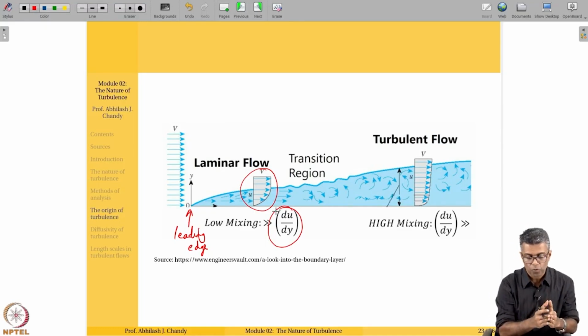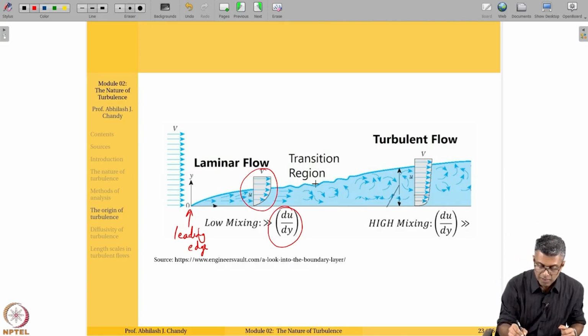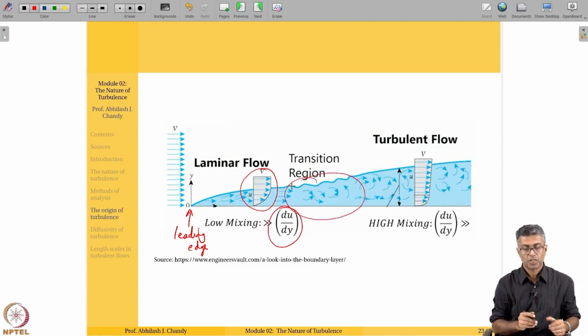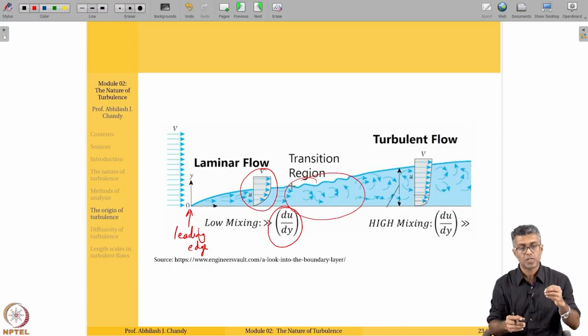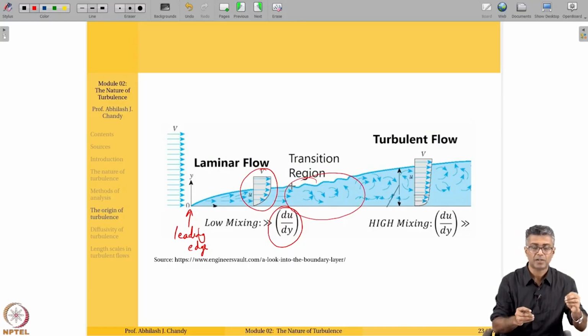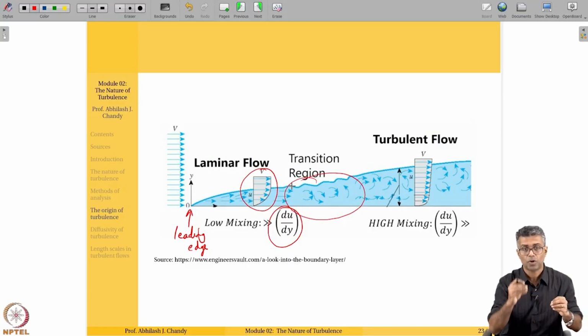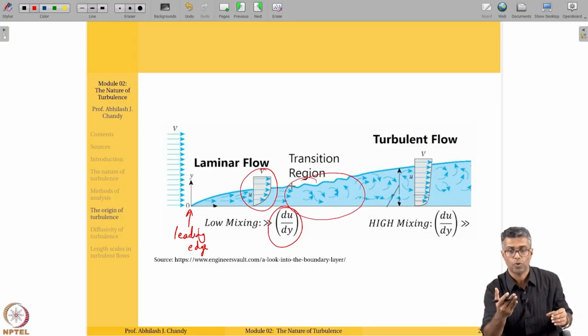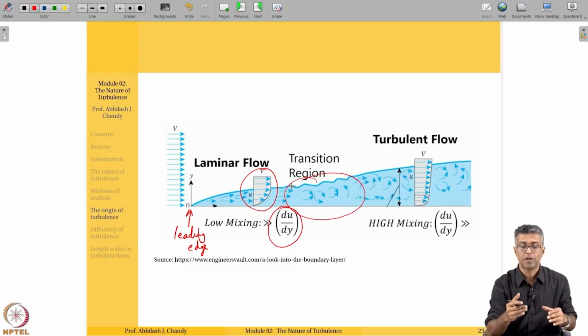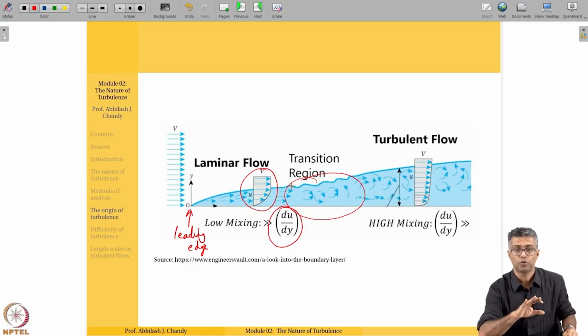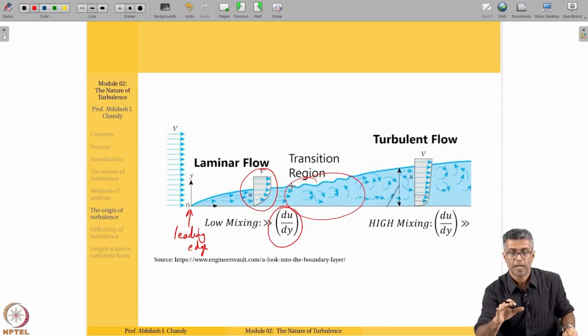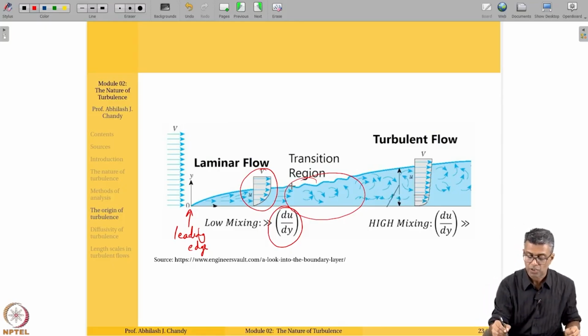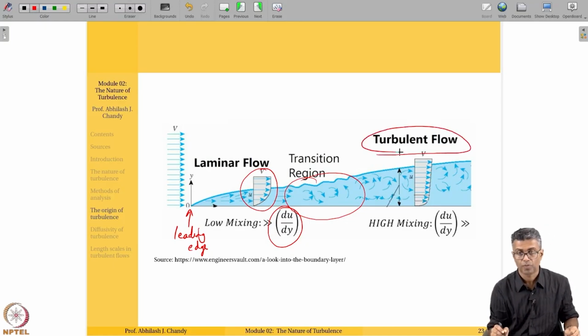Now as the flow keeps moving from left to right, you start to have instabilities in this region, the transition region. Those instabilities will occur at certain points in space. Sometimes they occur over a period of time, they go away, they come back again, and so on. Those instabilities, depending on the Reynolds number of the flow, they tend to propagate. And eventually the flow transitions to turbulent flow.